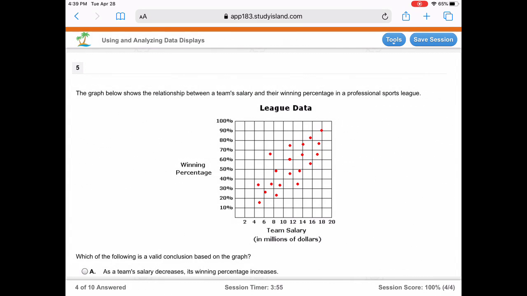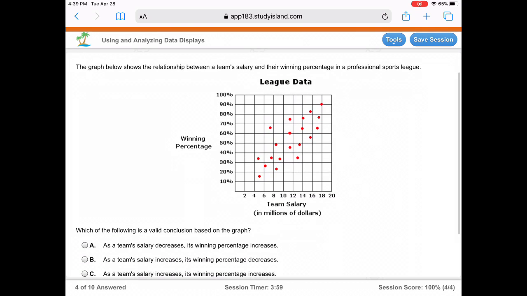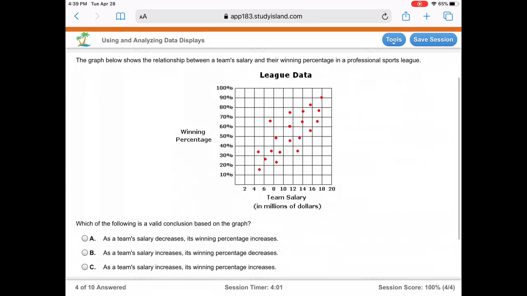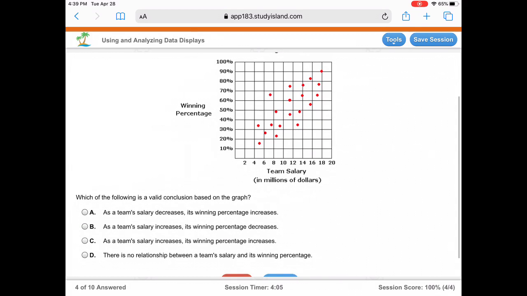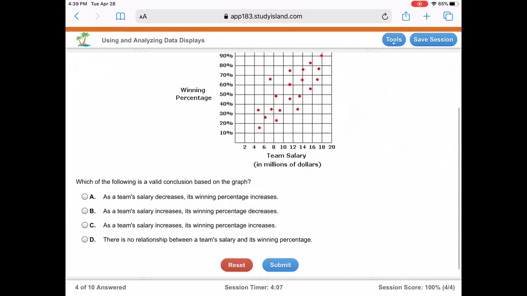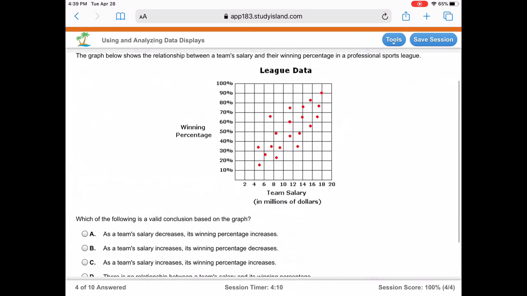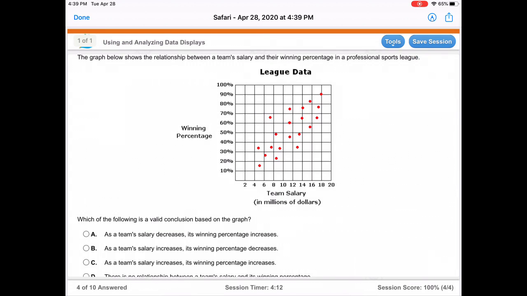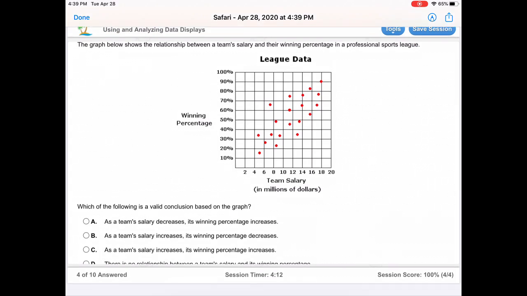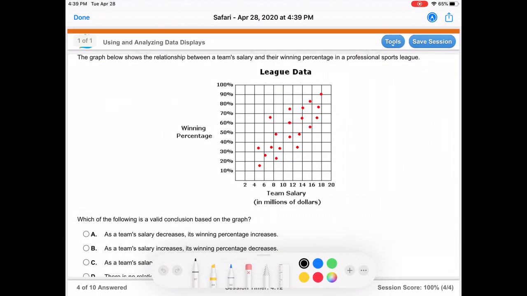Continuing on, we've got a team salary and their winning percentage in a professional sports league. So you can kind of see a trend. The higher the salary, the higher their winning percentage is. And if we kind of drew a line of best fit, it would probably look something like that, around there. So that is a positive correlation.